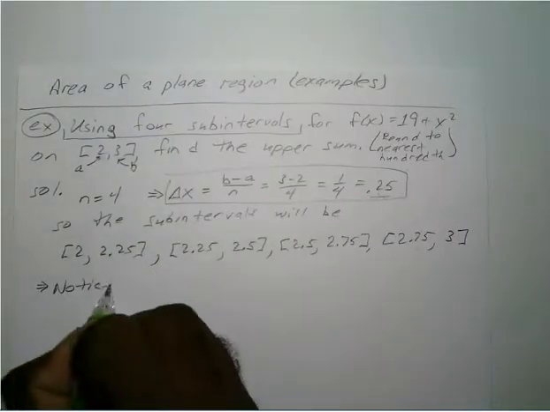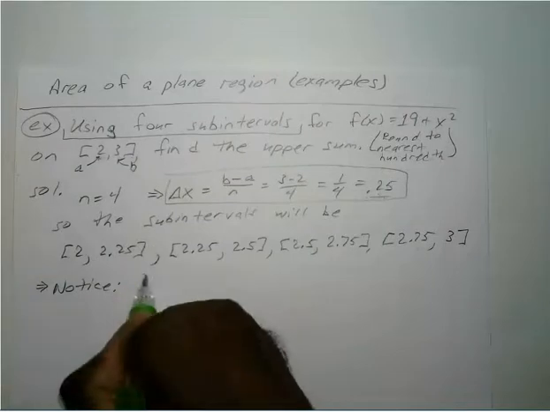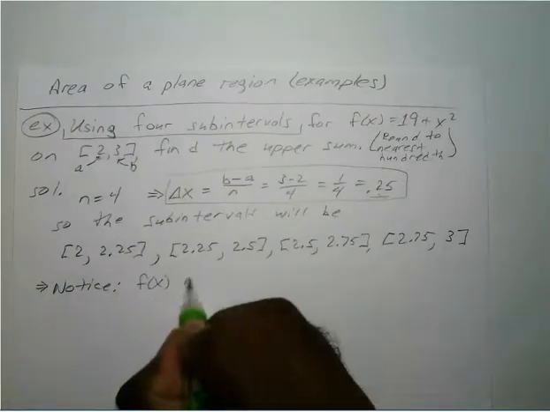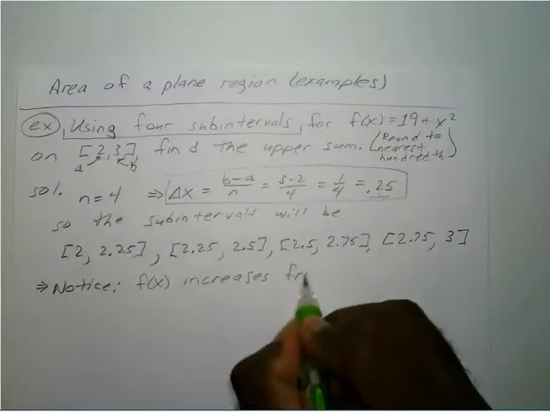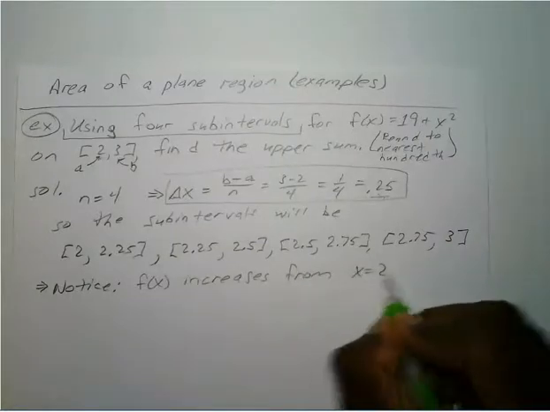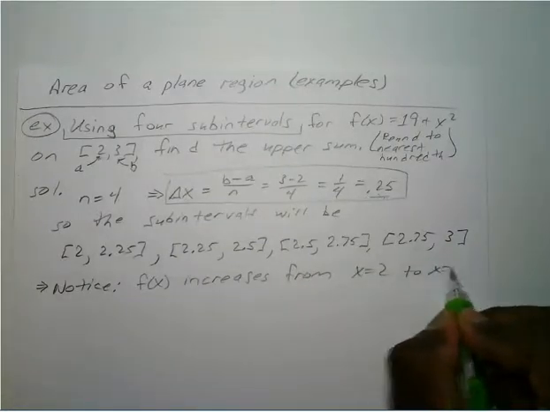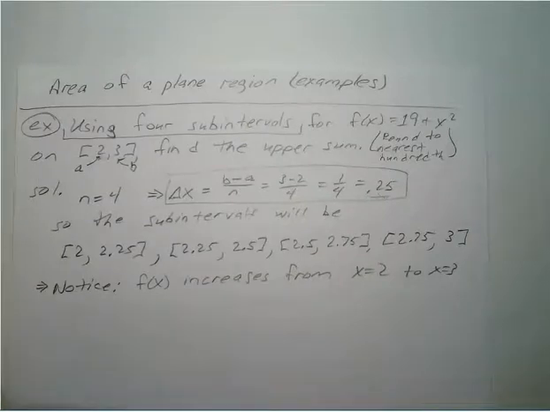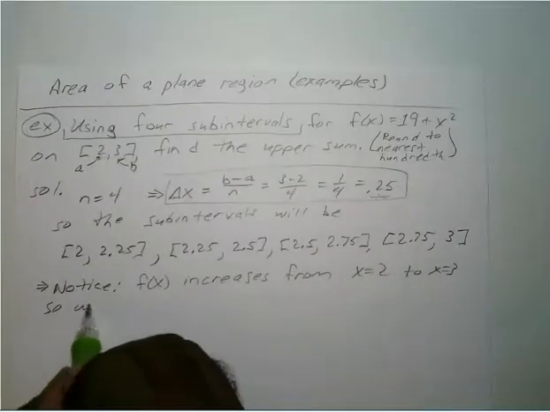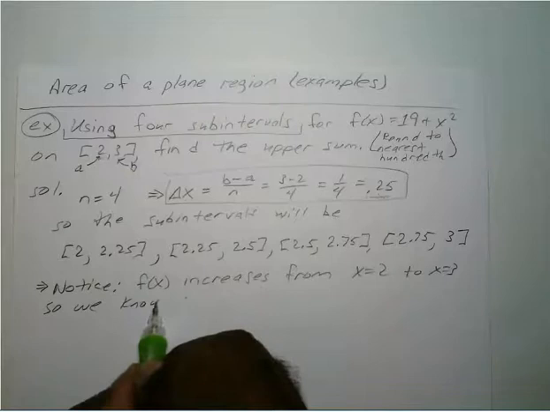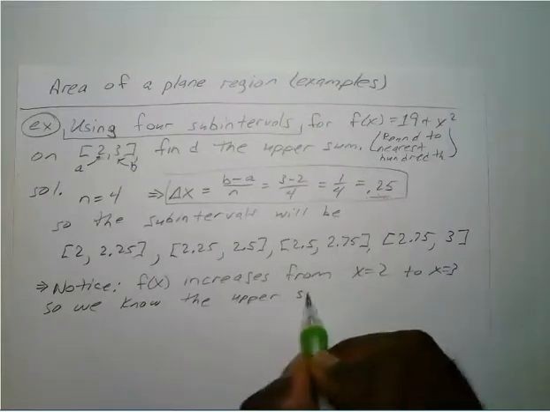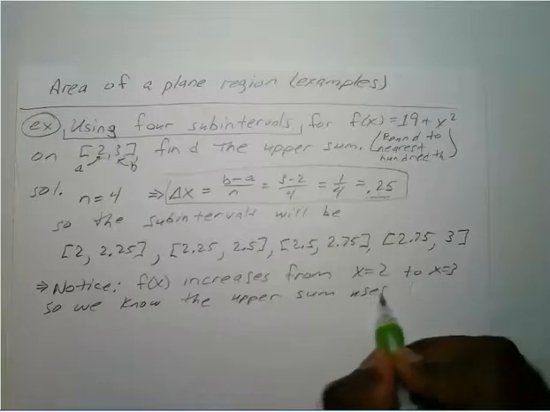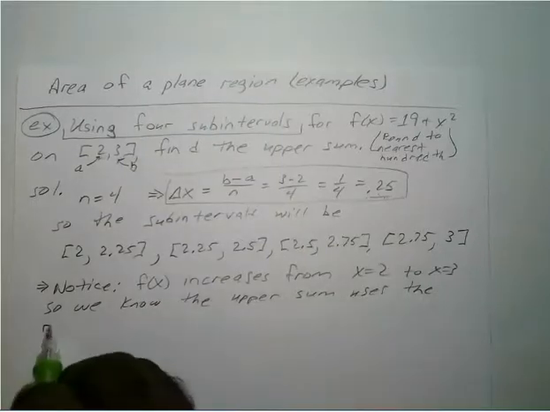So f of x increases from x equals 2 to x equals 3. So we know the upper sum uses the right endpoints.